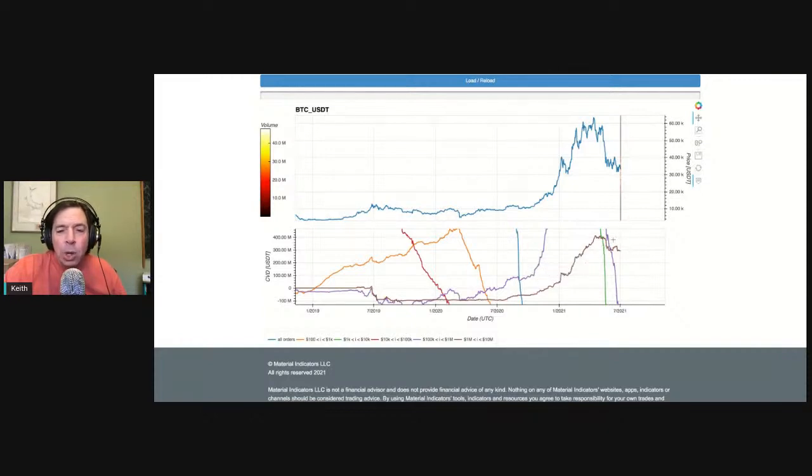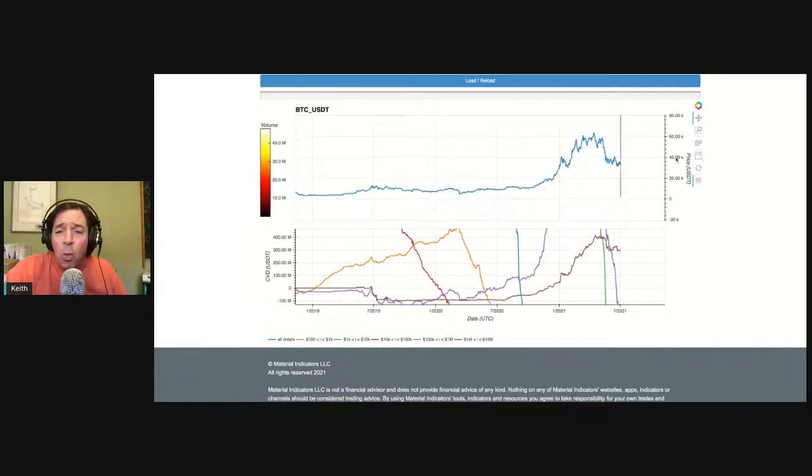Okay, so what do you think? You don't really think that these guys are holding all through this, do you? Some of it they might be holding because they're dollar cost averaging their positions in from here and well beyond there before we ever even got to the $10,000 range.